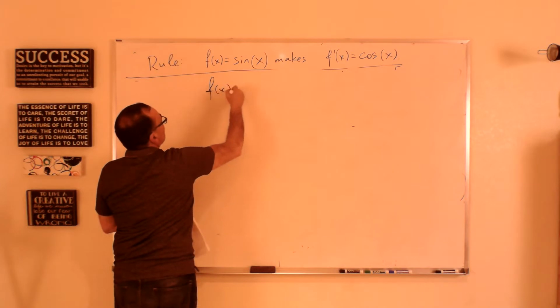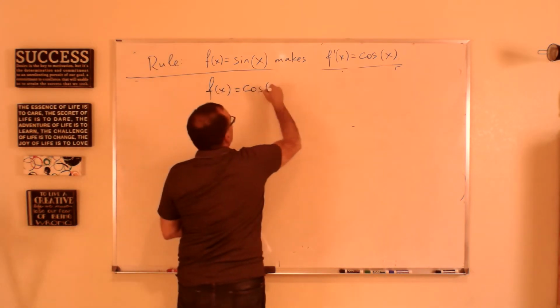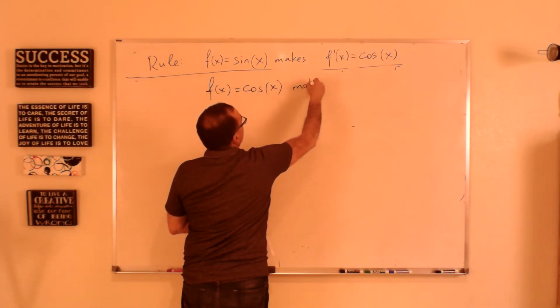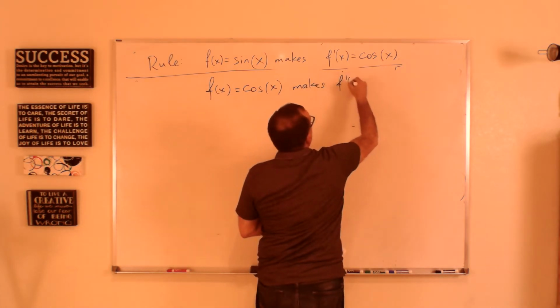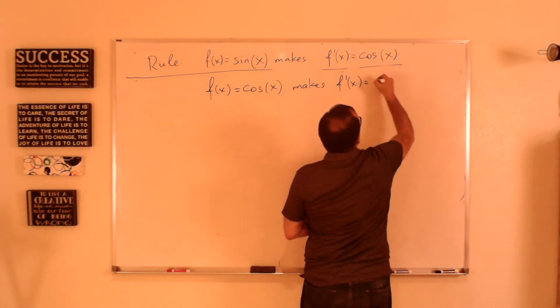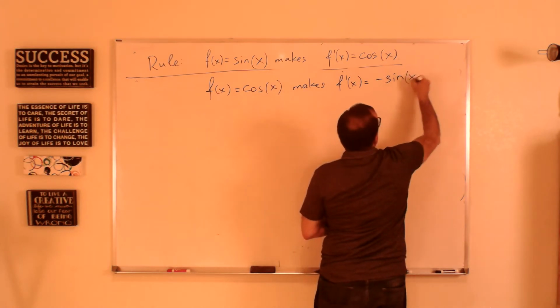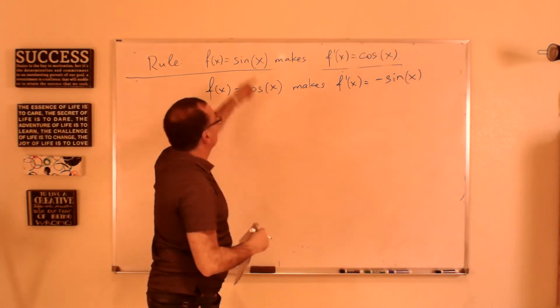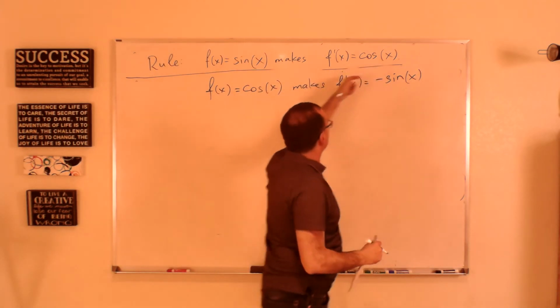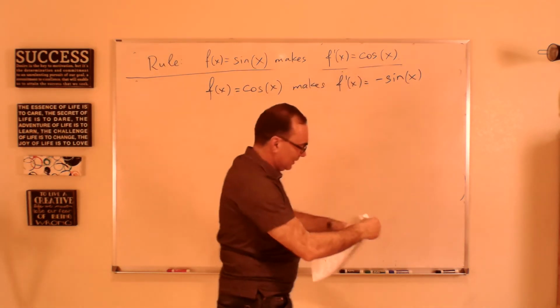F of x equals cosine x makes f prime of x equal negative sine x. So derivative of sine equals cosine, while derivative of cosine equals negative sine.